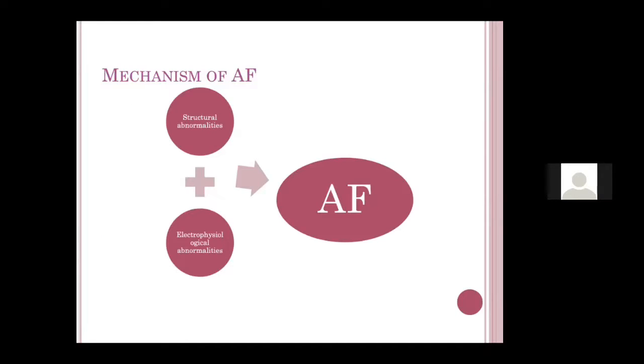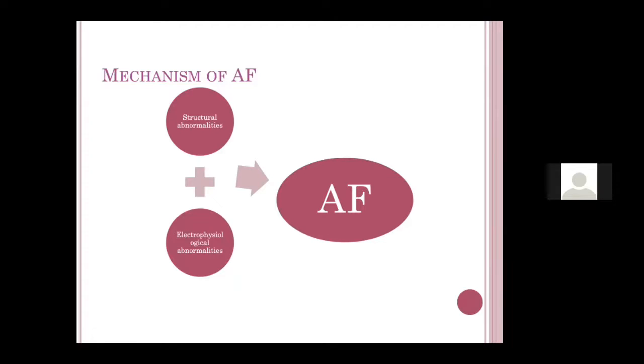Now we know there are structural abnormalities. Any disease, be it ischemic heart disease, valvular heart disease, congenital heart disease, pericardial disease, or cardiomyopathy, produces a structural abnormality in the left atrium. And then we have functional abnormality. Both the anatomical and functional abnormality can be there, which lead to AF. And as we discussed in the previous class, the mechanism of AF is re-entry. So we have different heterogeneities in the refractory period of the various fibers in the LA which cause re-entry, and that is what produces AF.